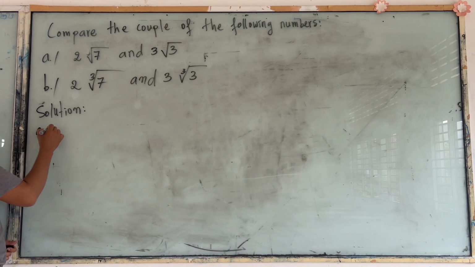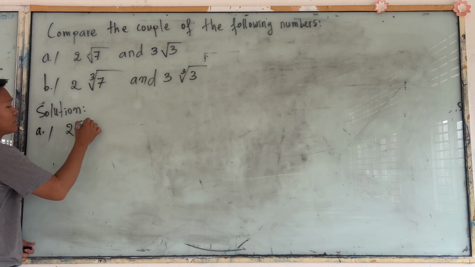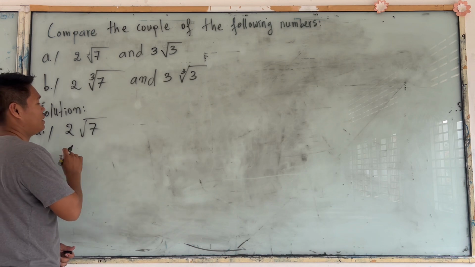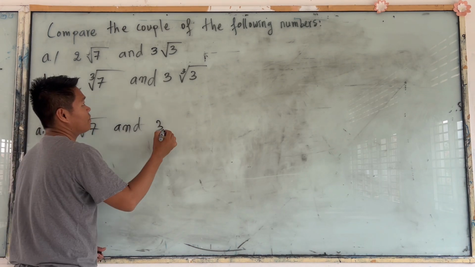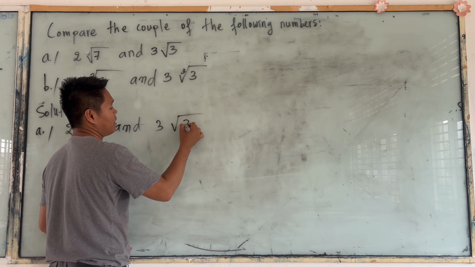For the solution of A, I have to compare 2 multiplied by the square root of 7 and 3 multiplied by the square root of 3.